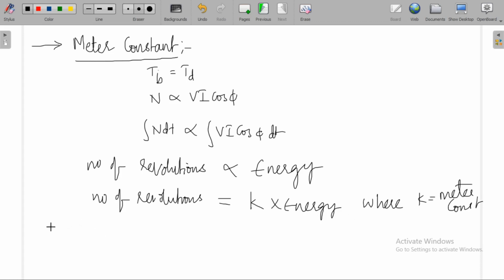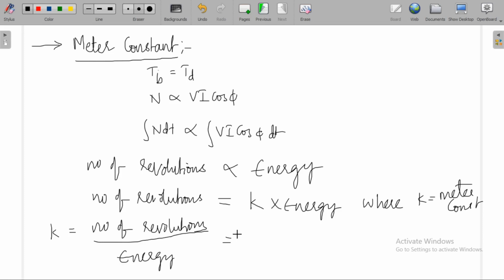That is, K is equal to the number of revolutions by energy. The commercial unit of energy is kilowatt hour.